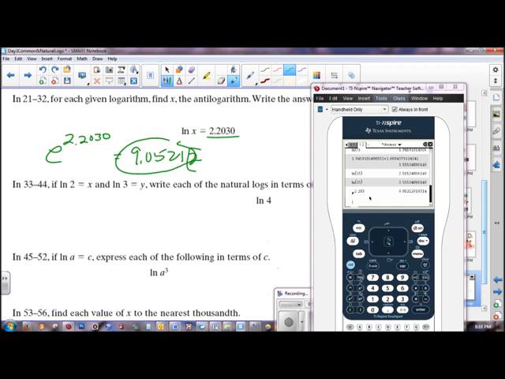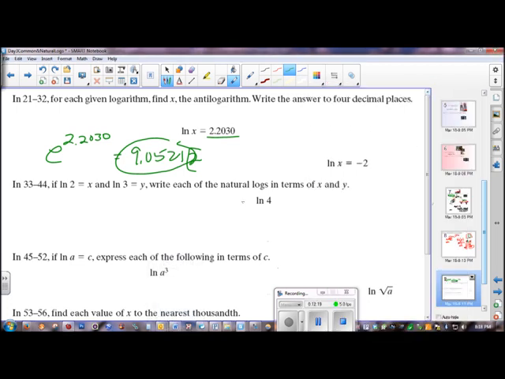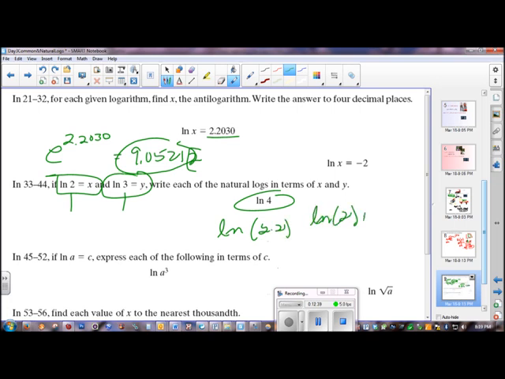We got another one of those down here where we need to come up with replacements, and we've got the natural log of 4, and I'm given replacements for natural log of 2 and natural log of 3. So somehow I need to write natural log of 4 in terms of natural log 2 and natural log 3, so I'll turn it into natural log of 2 times 2, which turns into natural log of 2 plus natural log of 2.